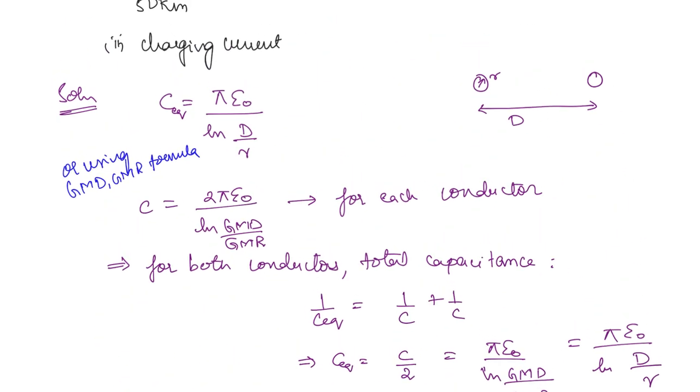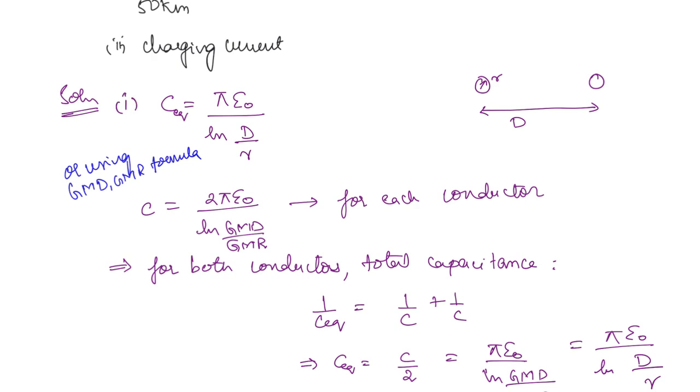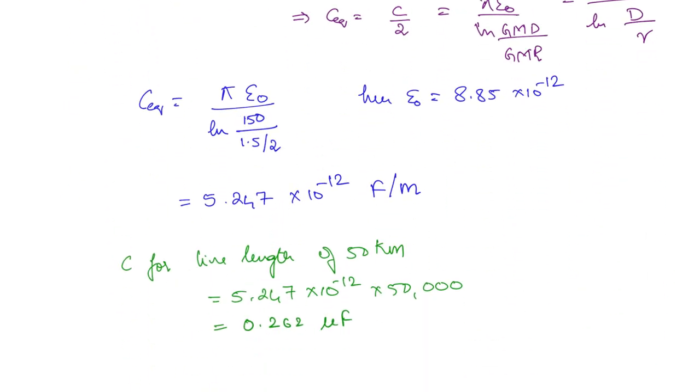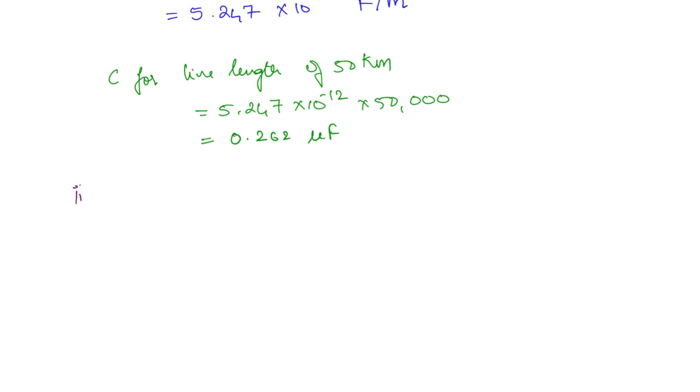Next, what do we want? This is the first bit of the question. Second one is the charging current. Here the charging current expression we have already seen. This is going to be j omega C into V. If you only take the magnitude, charging current is going to be omega C V. The frequency is given as 50 Hertz.